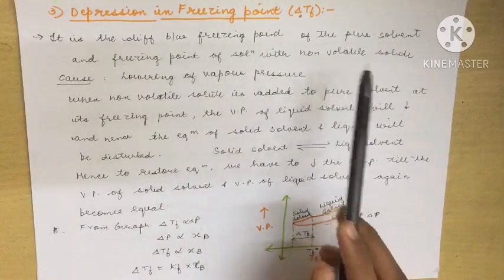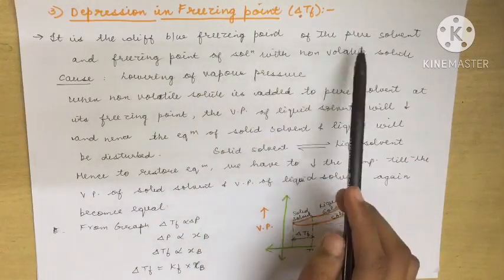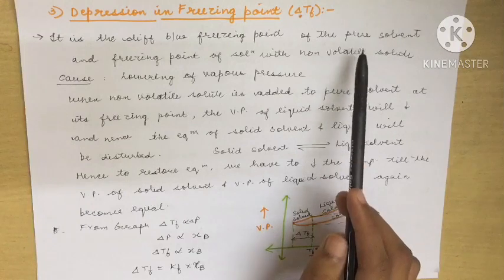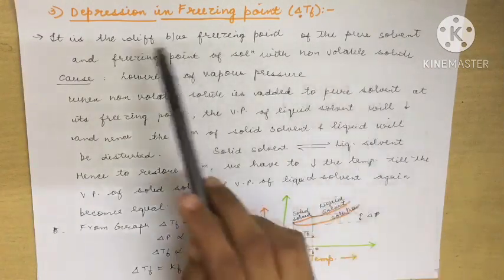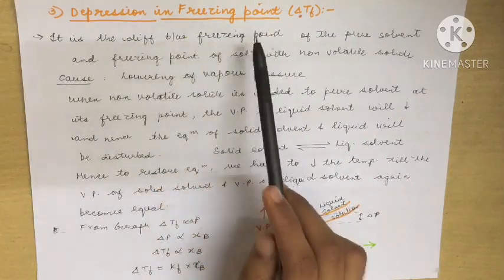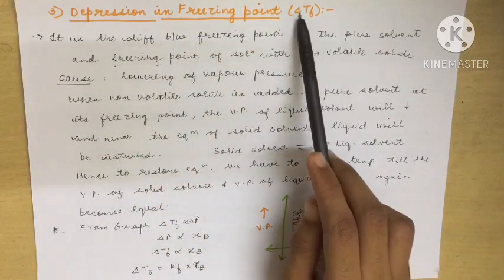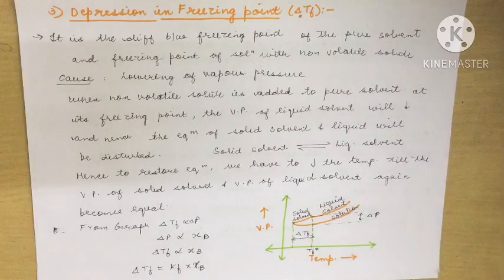This difference between the original freezing point of the pure solvent and the new decreased freezing point of the solution is the depression in freezing point, denoted by delta TF. Delta stands for the difference between the two.